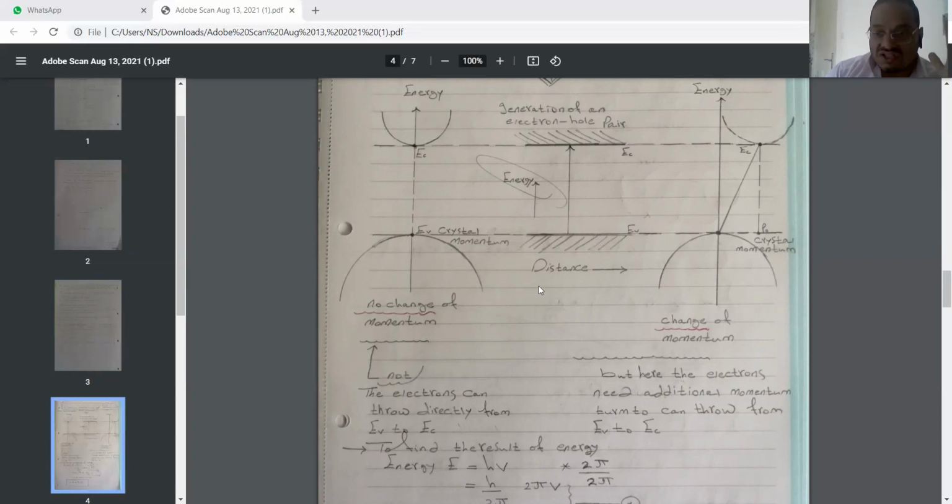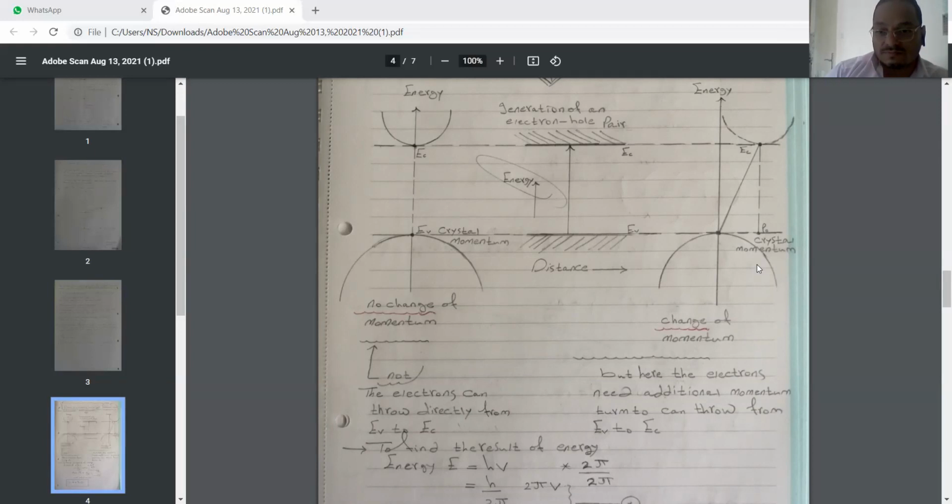But the situation is different with the indirect band gap. Why? The electrons can go from the valence band to the conduction band, but under one condition, definitely under one condition. Without this condition, no way can the electrons go from the valence band to the conduction band, no way.